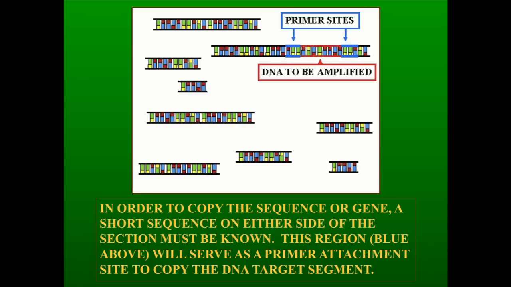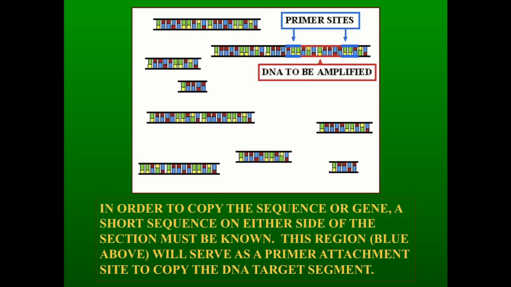Primer sites have to be chosen. I already mentioned that in this analysis we're interested in short tandem repeats. Therefore, these are known primer sites. If I were interested in amplifying a known gene, say your hemoglobin gene, we could recognize primer sites associated with that sequence and amplify that.